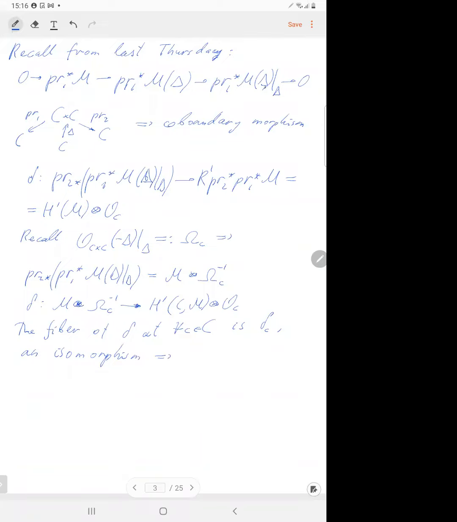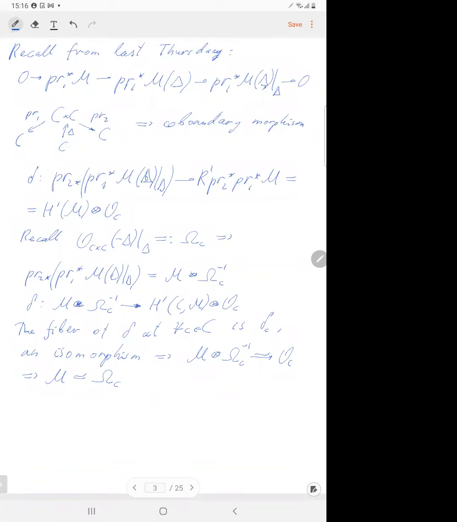Hence, we see that M tensor omega C inverse is isomorphic to OC, and hence M itself is isomorphic to omega C. Okay, very good. And in particular, for any point, we have a canonical generator.